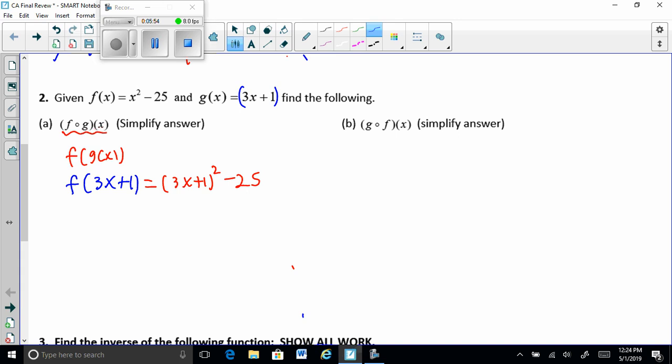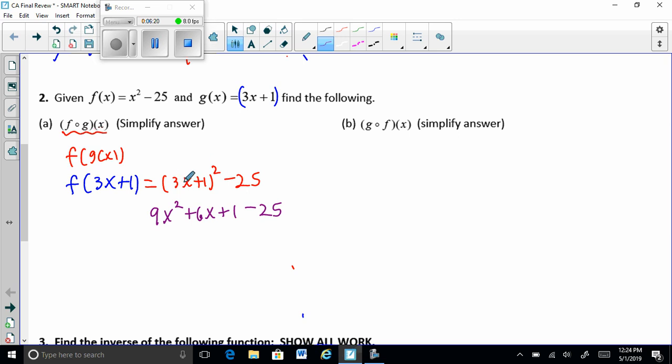Okay, so this next part, you're going to want to be careful. You can break it apart and FOIL it if you want, but the shortcut would be to square the first term, multiply them together and double it to 6x, and then square the last term, which is a 1, and then we still have that minus 25 right there. If you want to break it apart and FOIL it, you can do that, but that's kind of the shortcut there.